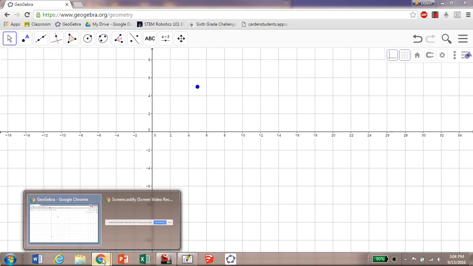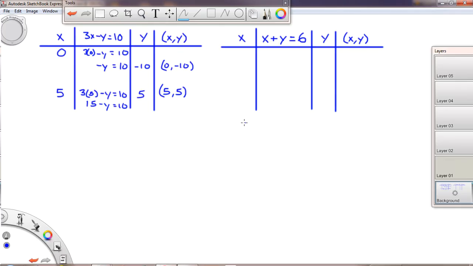All right, now let's go ahead and do the other line. This one's easier. x plus y equals 6. I'll choose 0 again for my x. So 0 plus y equals 6, which of course makes y equal to 6. So this point is going to be the point 0, 6.